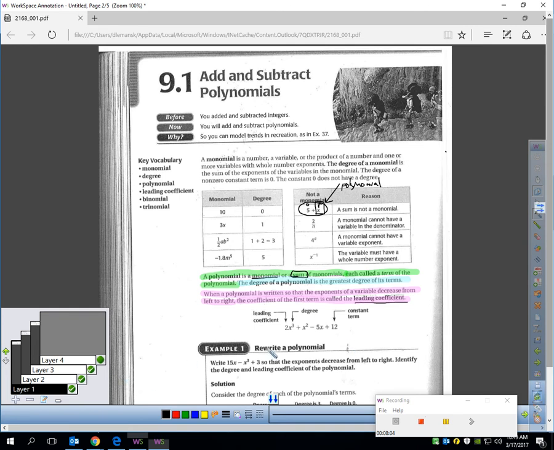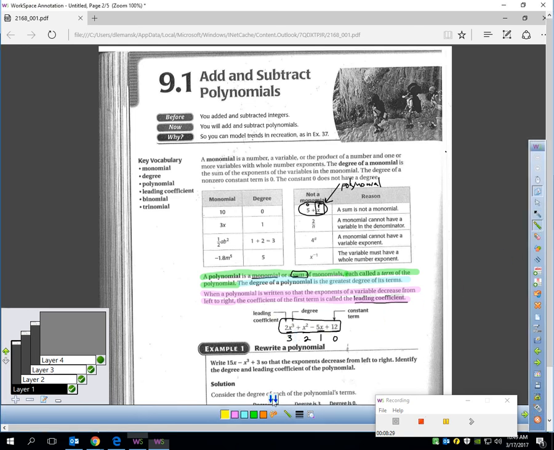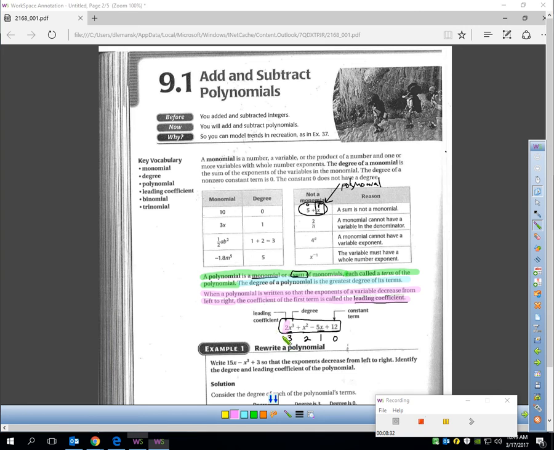Okay, so when you look at the statement here, can you see how this monomial is third degree, this one is second degree, this monomial is first degree, and this is 0 degree? This polynomial is written in order of degree from greatest to least. The number in front of that first term is called the lead coefficient.